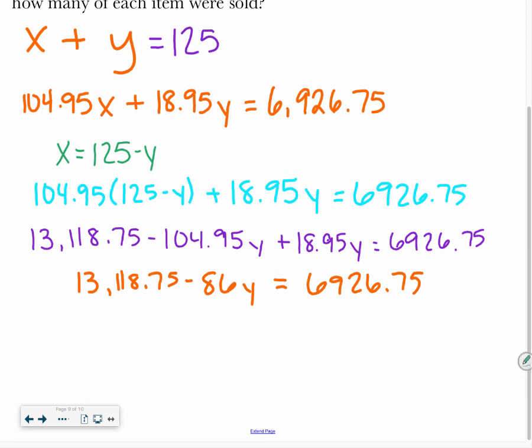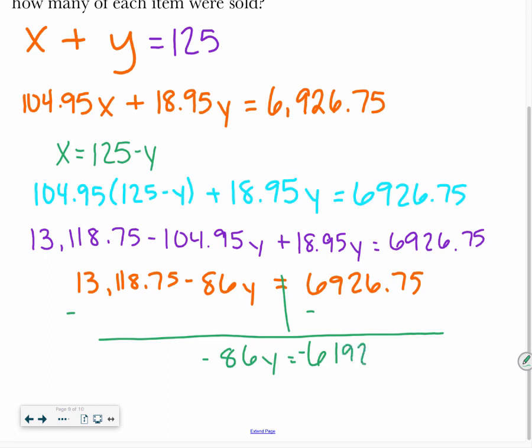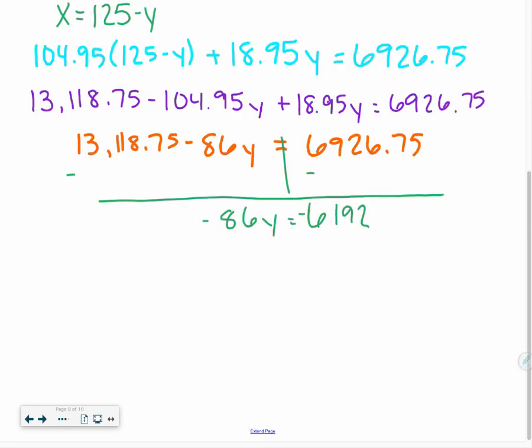If I keep going and subtract the 13,118.75, I'm left with negative 86Y equals negative 6,192. If I divide both sides by negative 86, I'm left with Y equals 72.